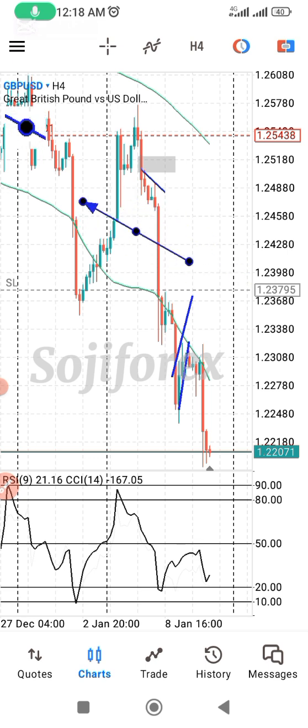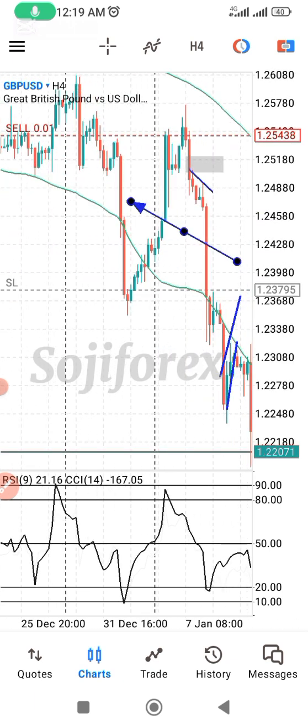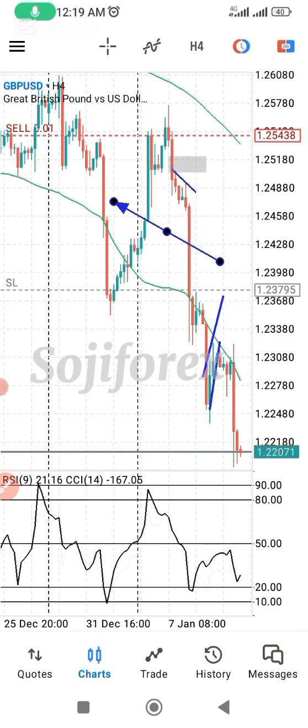There are basically two ways I do my analysis. I try to make things simple and not complicated so that you as a beginner can understand and take advantage of this strategy. First of all, you can do your analysis using the structural point of the market.